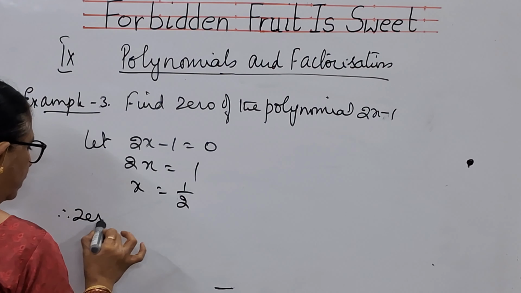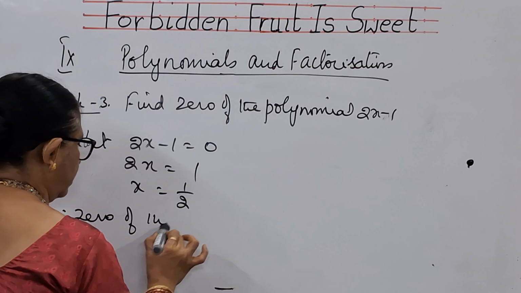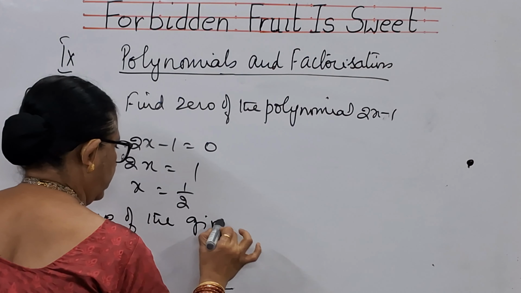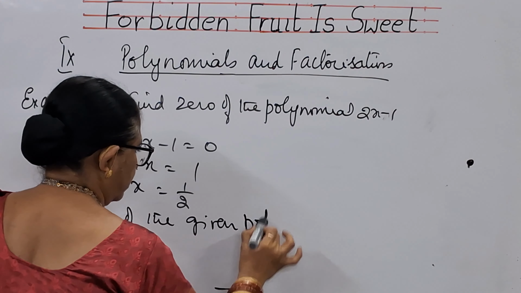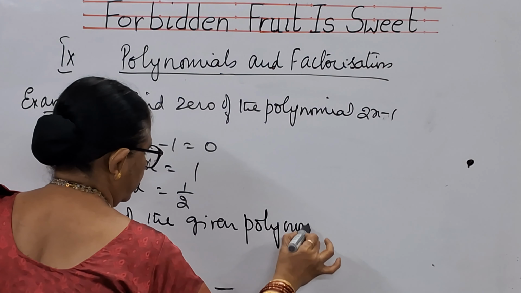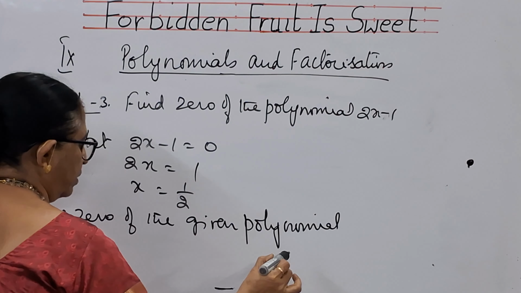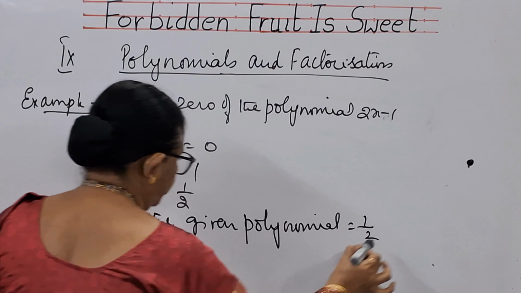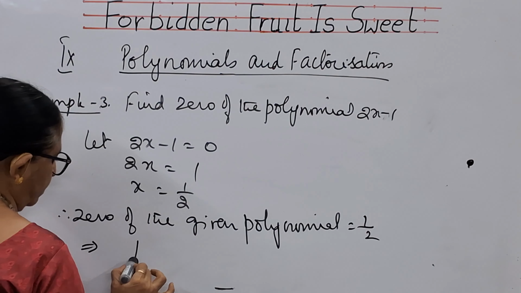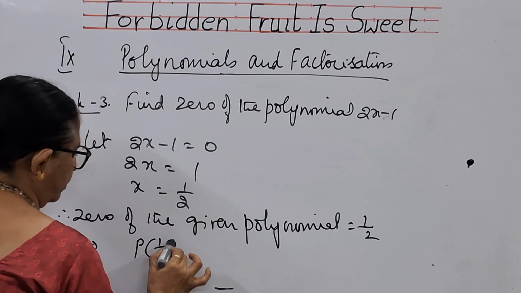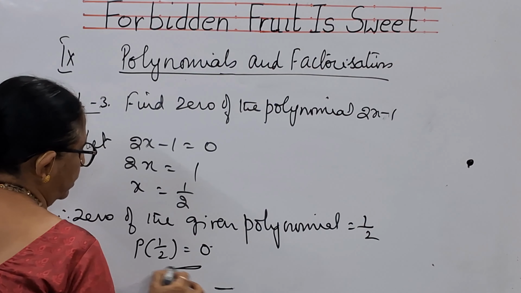Therefore, the zero of the given polynomial is equal to 1 by 2. What does this imply? p of 1 by 2 is equal to 0.